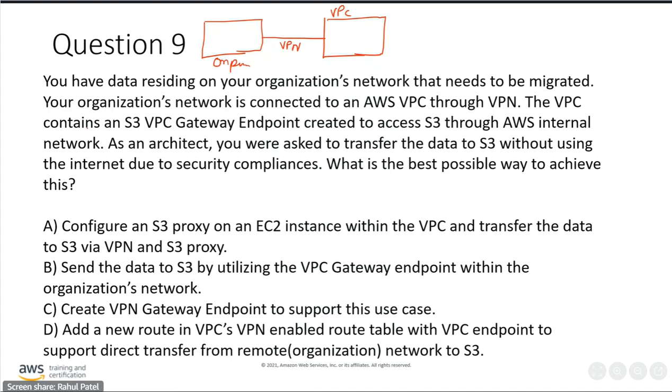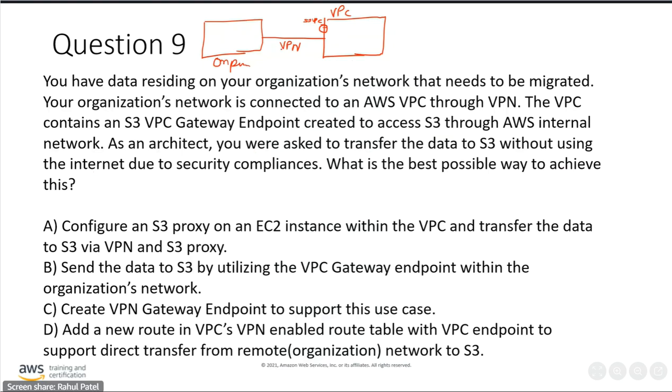The VPC contains an S3 VPC gateway endpoint, created to access S3 through the AWS internal network. As an architect, you were asked to transfer the data to S3 without using the internet due to security compliance.